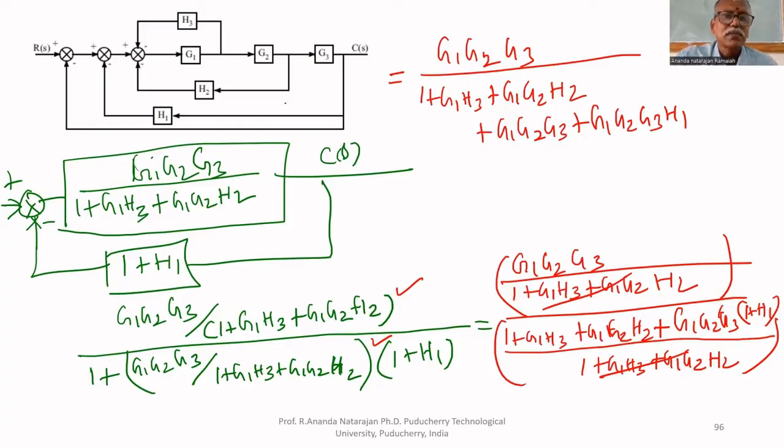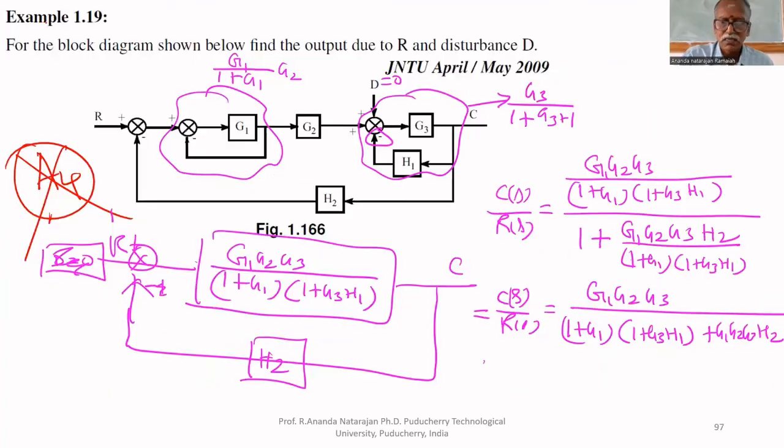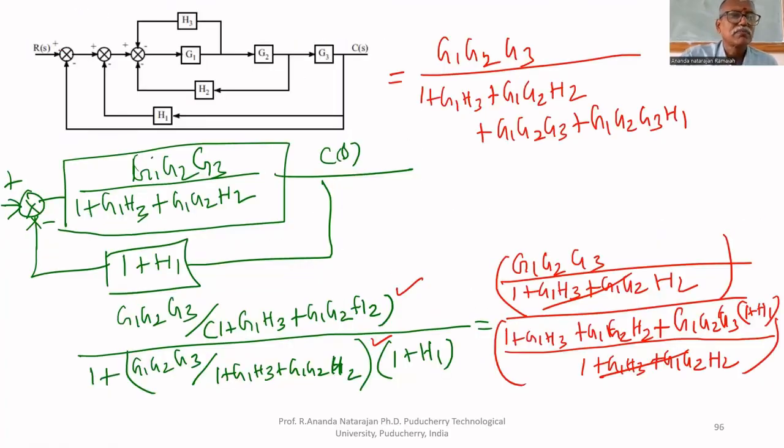But this much you can solve by using Mason's gain formula. Let us assume that this is a signal flow graph, with nodes 1, 2, 3, 4, 5, 6, 7, 8, 9.